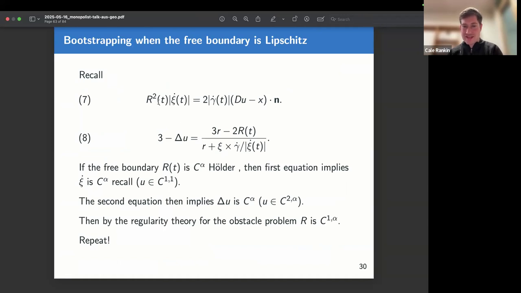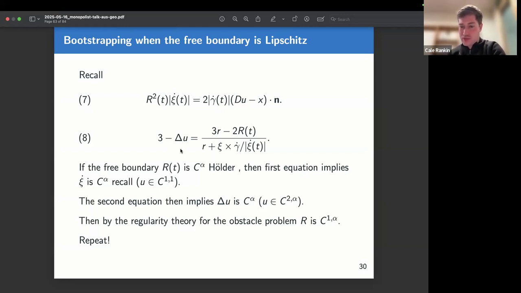Well, 7 says that R essentially has one more derivative than U, and 8 says that R has, sorry, 7 says that if R is Lipschitz, du is Lipschitz, and then 8 tells us that R has two more derivatives than U.